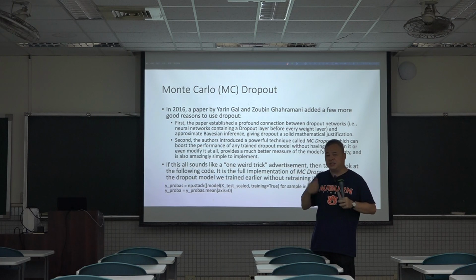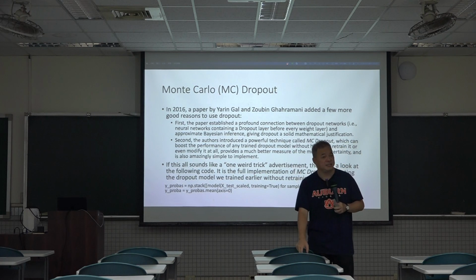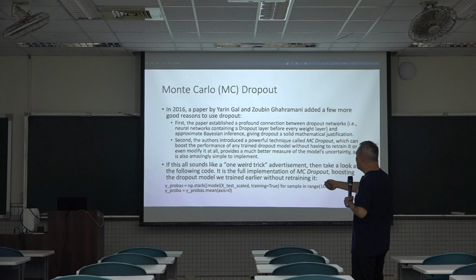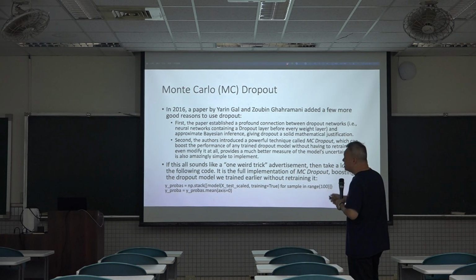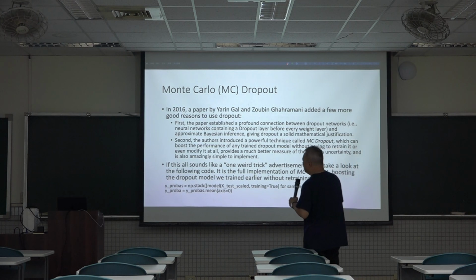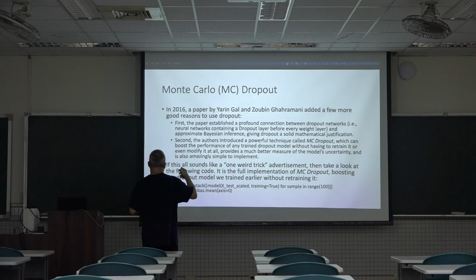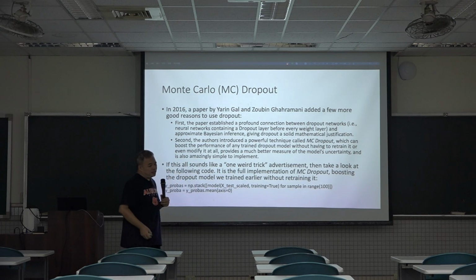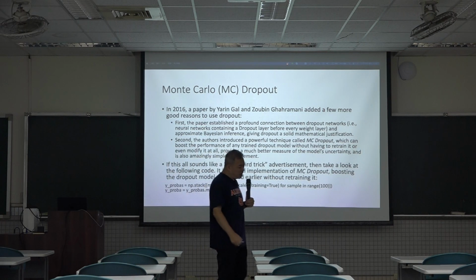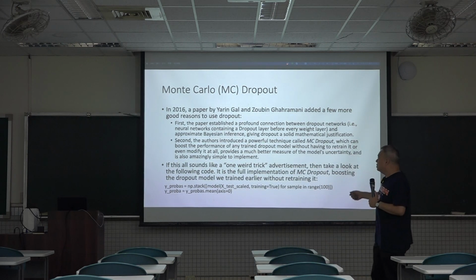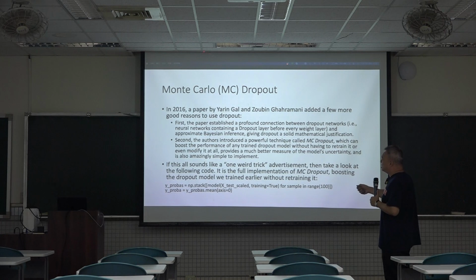So people will describe it as Monte Carlo something. When you see Monte Carlo, first understand it refers to a gambling city in Europe. Second, if you translate it, it basically just means random. So what is Monte Carlo dropout then?